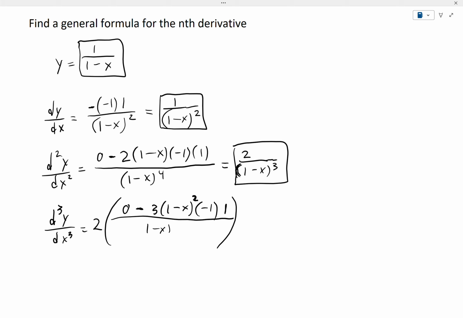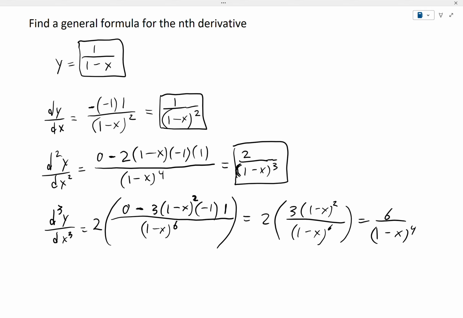So that's (1 minus x) to the 6th power. So we can simplify this a little bit. 3 times (1 minus x) squared all over (1 minus x) to the 6th. And we can write this as 6 over (1 minus x) to the 4th.